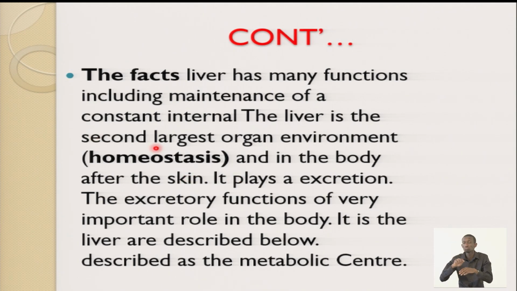But internally, the liver is the largest organ, while externally the skin is the largest one. So it plays the role of excretion. The excretory functions are a very important role of the liver, as described below. I'm going to talk about metabolism as the center of how it does the function of excretion.